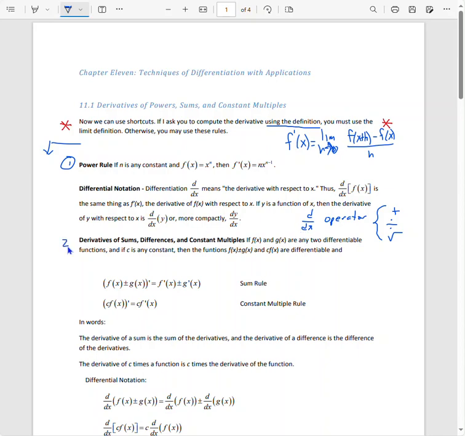All right. Second rule, very important rule. Derivatives of sums, differences, and constant multiples.